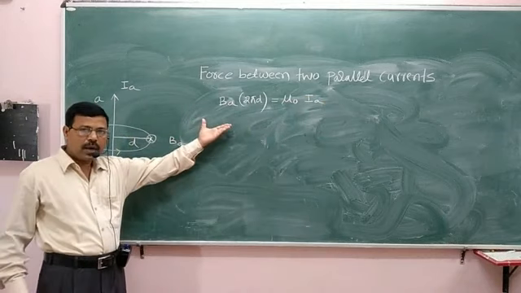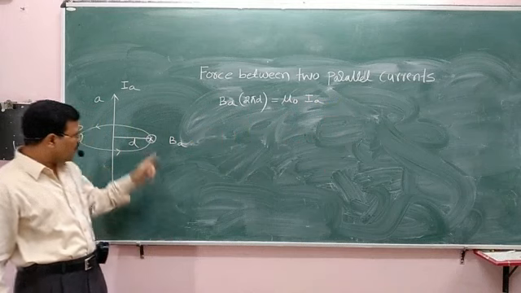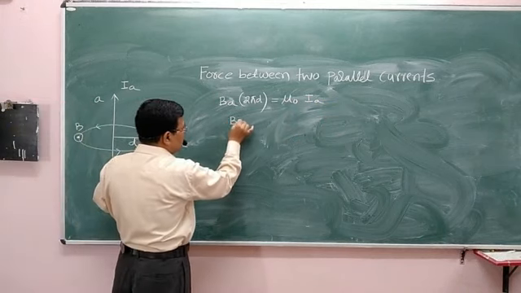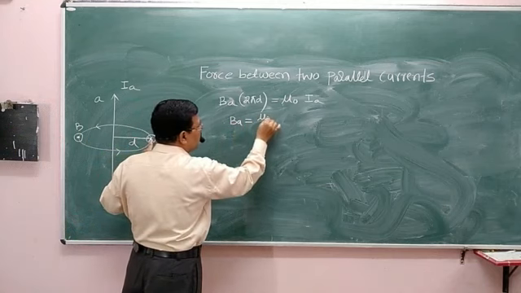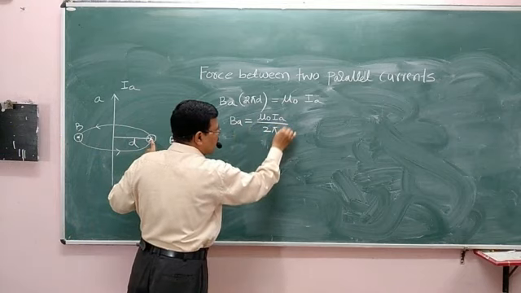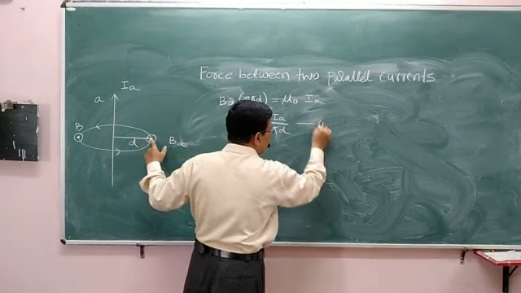This is according to Ampere's circuital law. So therefore, the magnetic field at this point, BA, is equal to mu naught IA divided by 2 pi d. This is equation number 1.